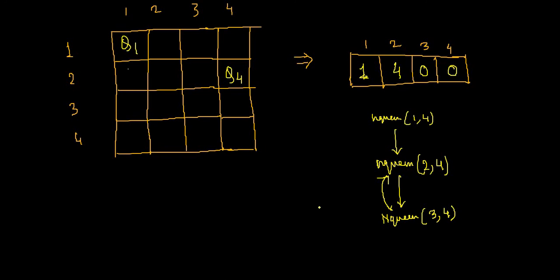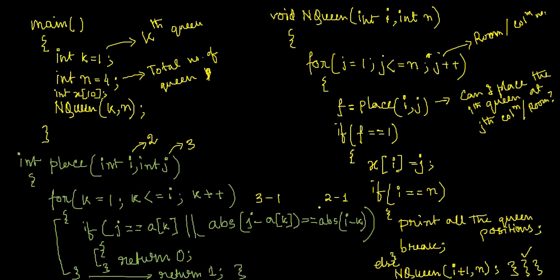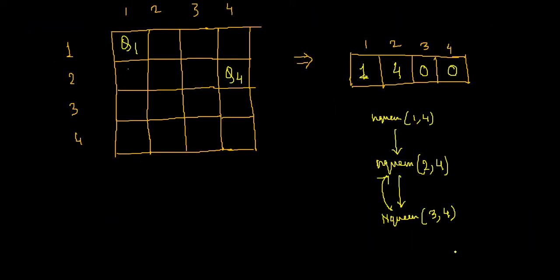Fine. And as soon as it has done that, queen 2, 4 function will again call queen i plus 1, n. That means queen 3, 4.